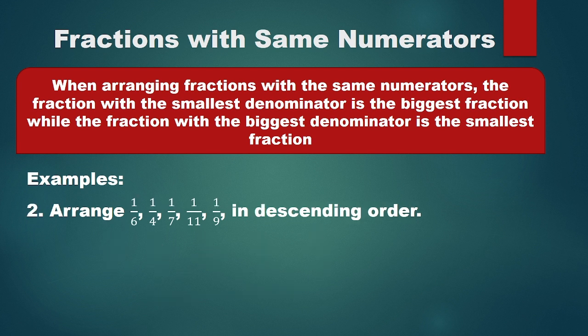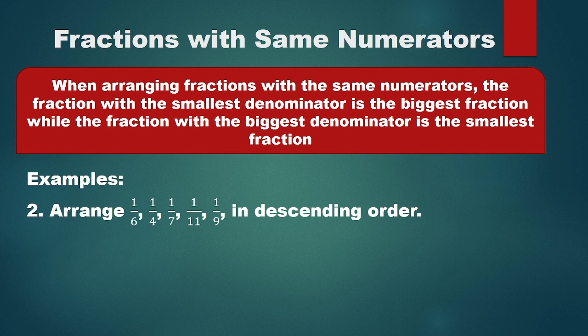Let's take another example. Arrange 1 over 6, 1 over 4, 1 over 7, 1 over 11, 1 over 9 in descending order. Descending order simply means from the biggest to the smallest. So in that case, the biggest fraction here is the one that has the smallest denominator. How do I know this? Because all of them have the same numerator.